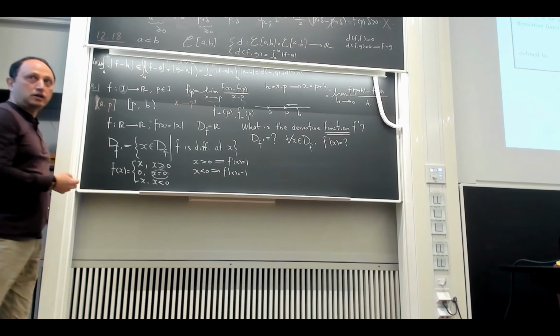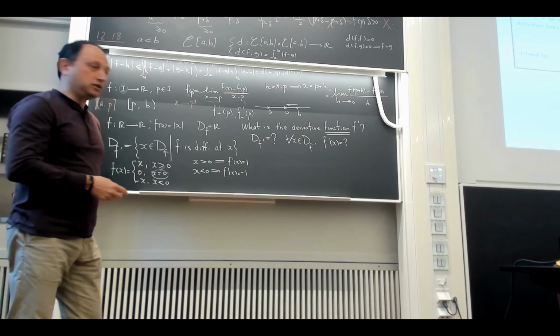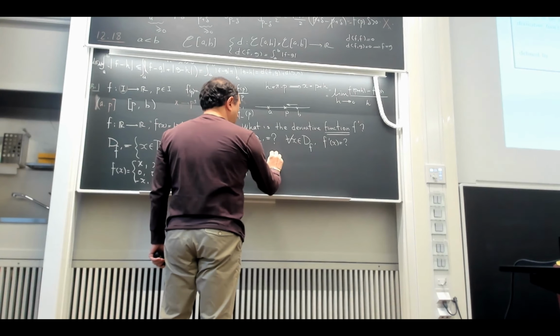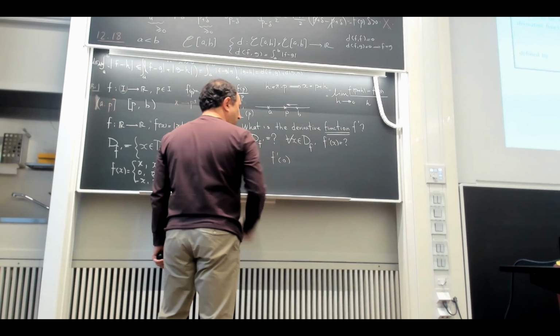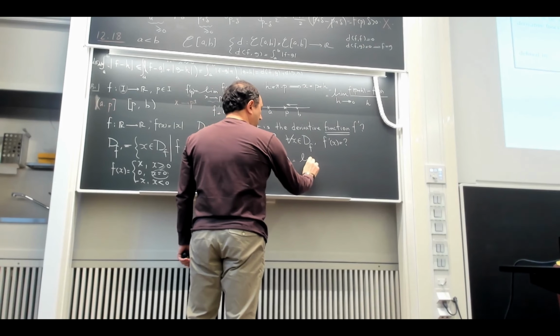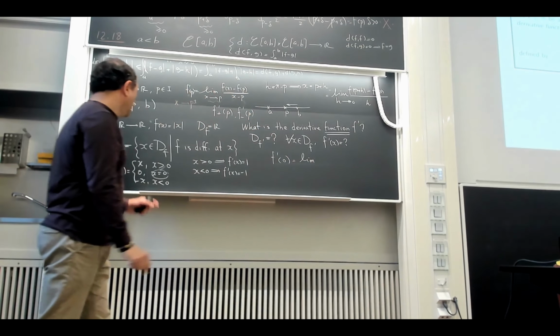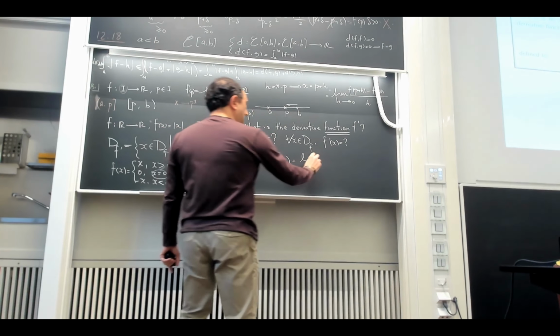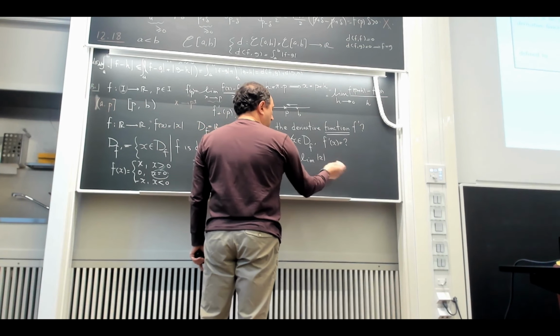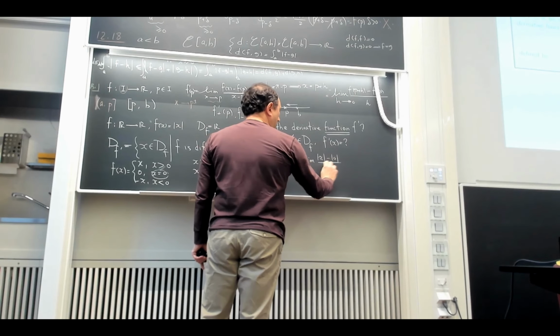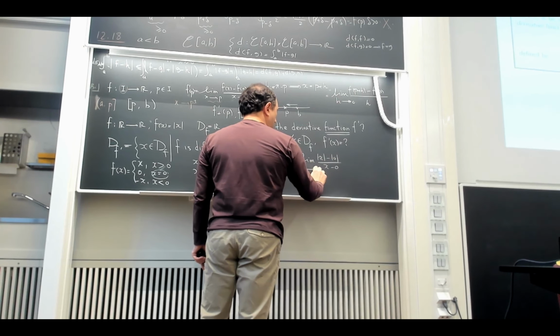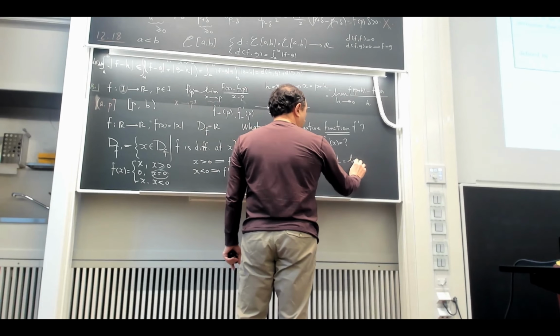So how should I check that? I have to go to the definition. I have to ask myself, what can I say about f prime of 0? This becomes the limit of f of x, which is absolute value of x, minus f of 0, which is 0, divided by x minus 0, as x goes to 0. This is a very simple task, yes?